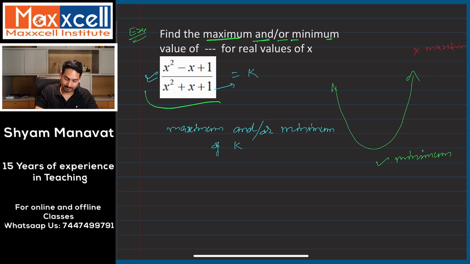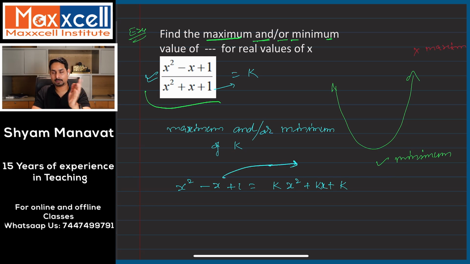So I'll have x square minus x plus 1 equals to kx square plus x plus 1. Sorry, plus kx plus k. Okay. Now let me take all of this at the same side and make it equal to 0. So I'll have what? Kx square minus x square.